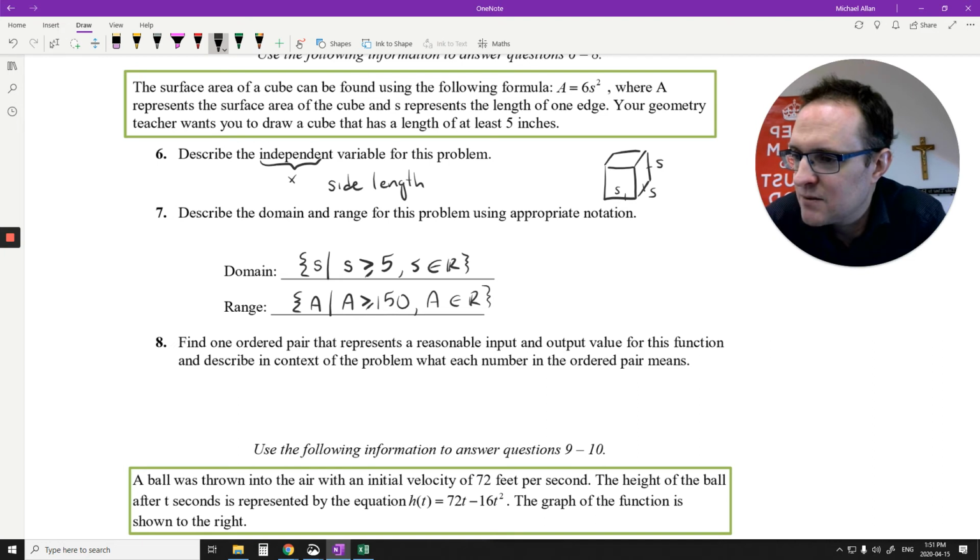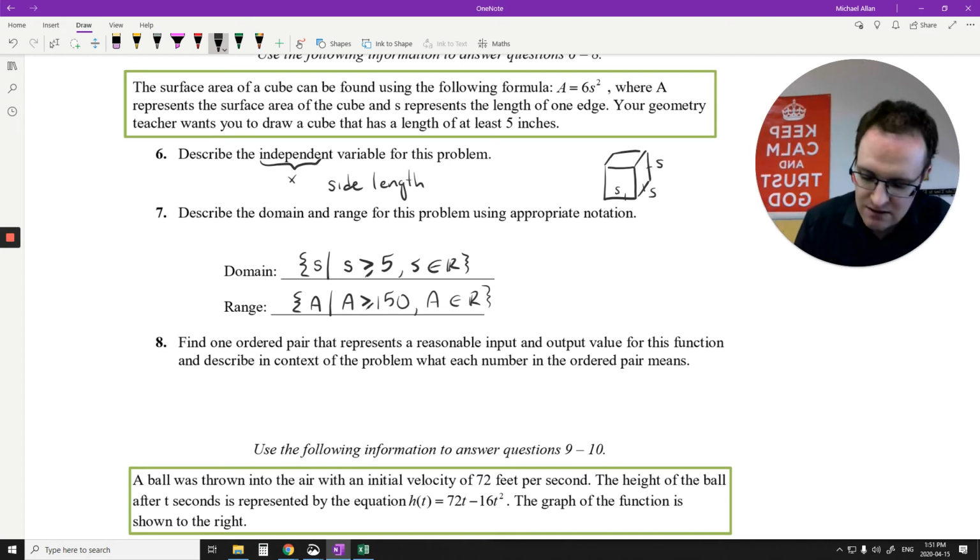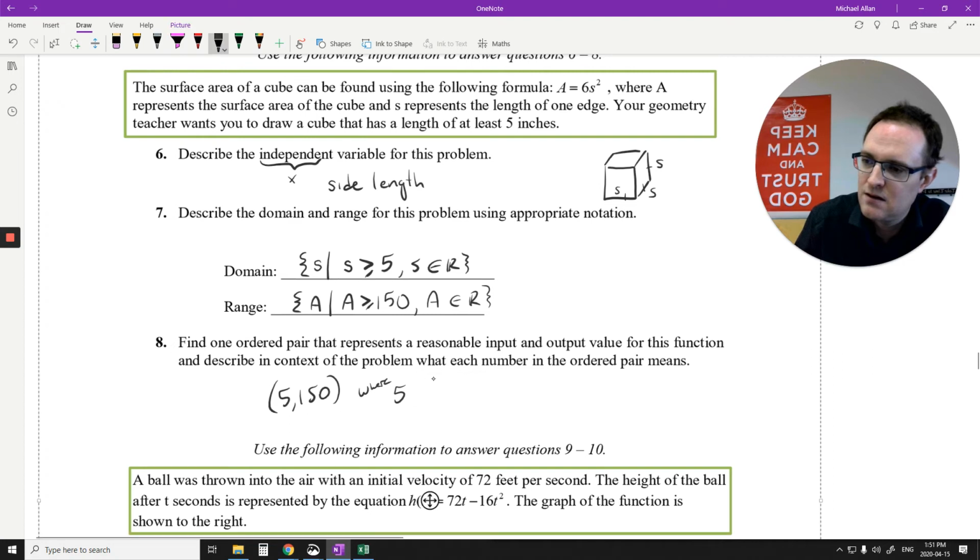And then describe in context of the problem what each number in the ordered pair means. So one ordered pair I can put in here is 5, 150. Kind of what we had before, where 5 is the side length.